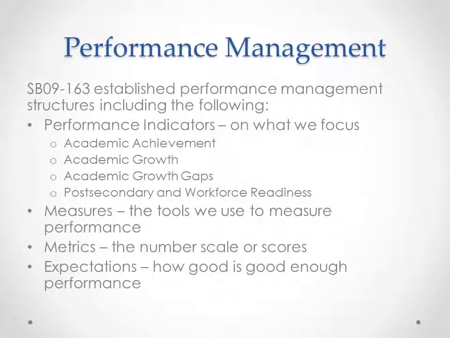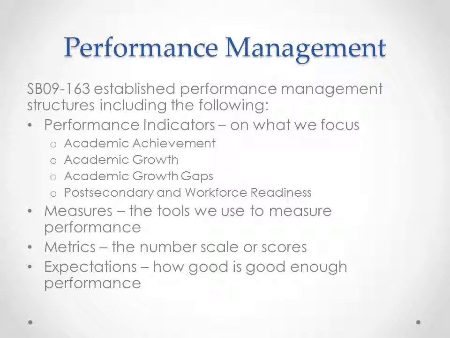The Colorado Educational Accountability Act also established a common performance management structure for schools and districts. The first component of this structure is performance indicators, which are used to focus school and district improvement efforts in a common way. Colorado identified 4 performance indicator areas: academic growth, academic achievement, academic growth gaps, and post-secondary and workforce readiness.